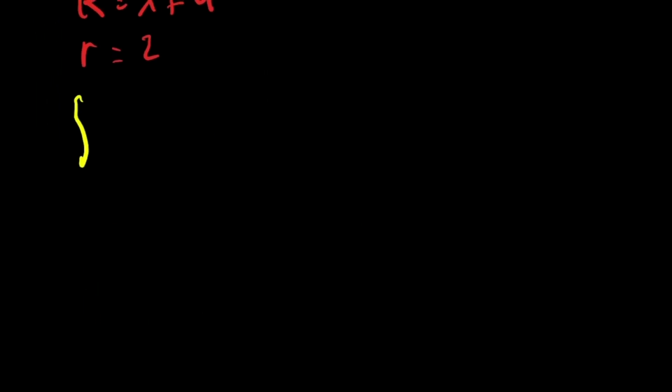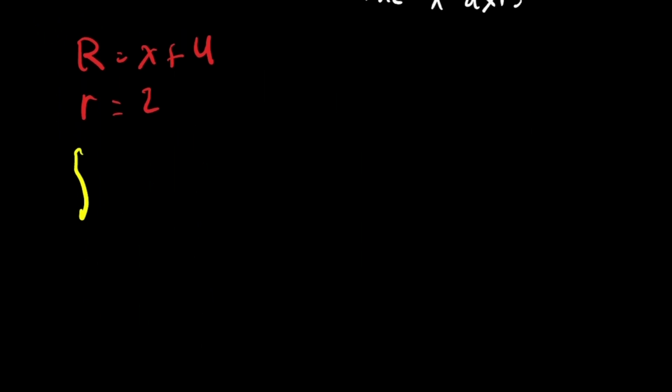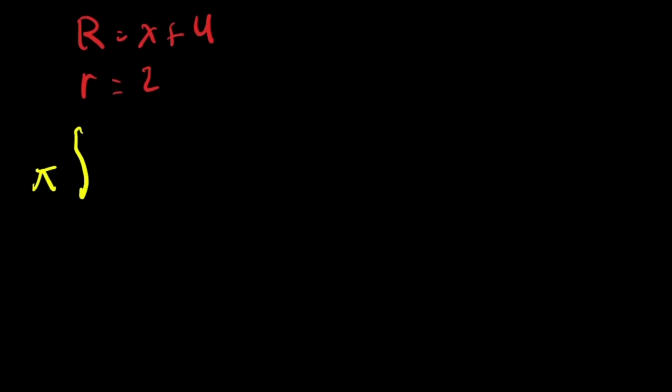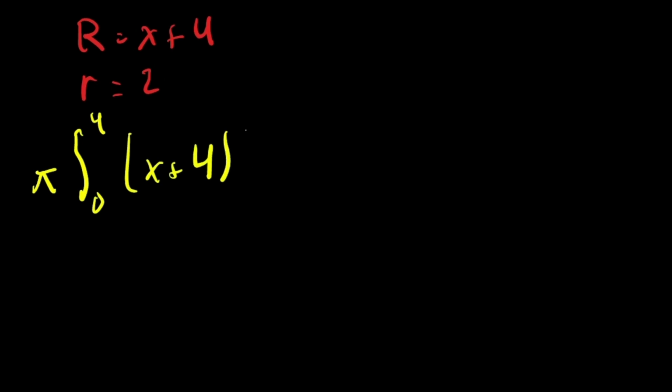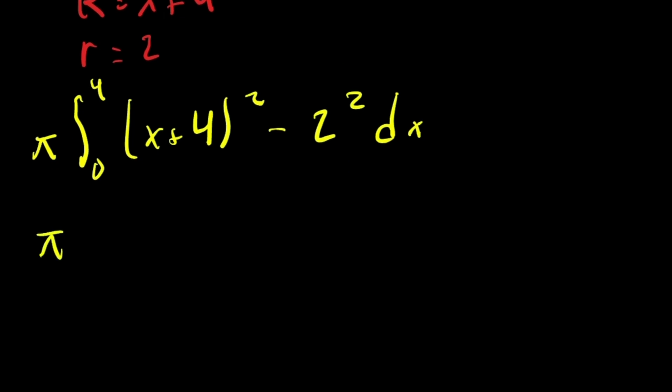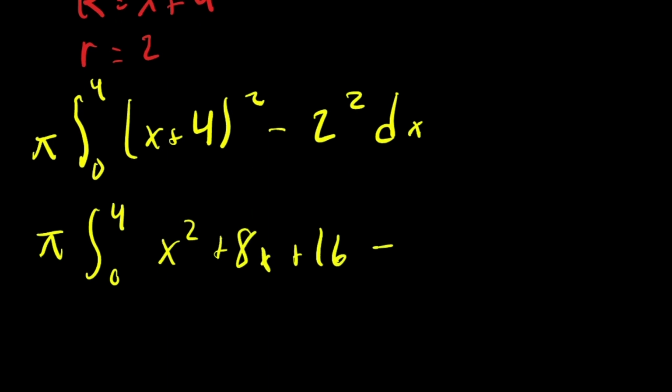All right, so we have pi times the integral from, what was it, 0 to 4? 0 to 4, x plus 4 squared minus little r squared, which is 2 squared, dx. All right, so I'm going to square all this out and make our lives a bit easier when we're integrating. So square the first, double the product, square the last, minus 4 dx.